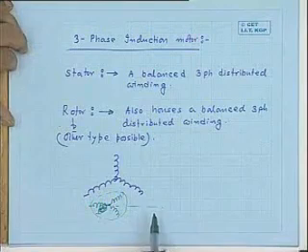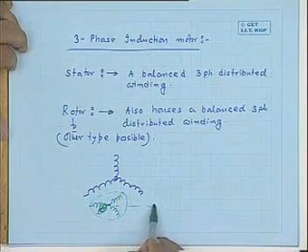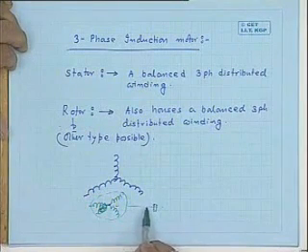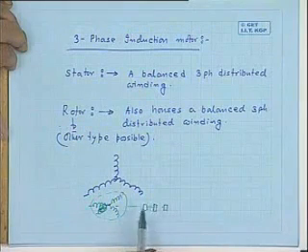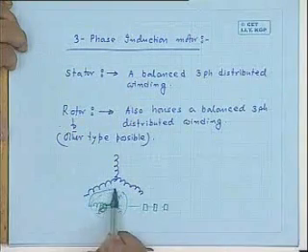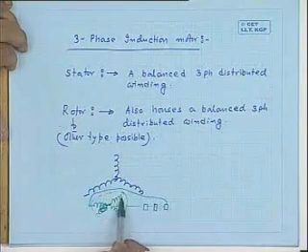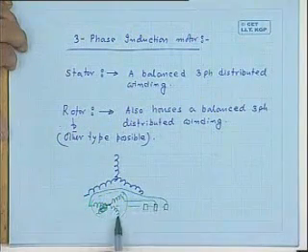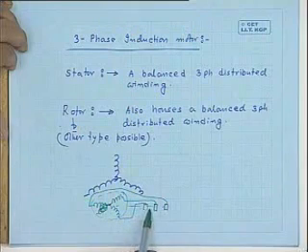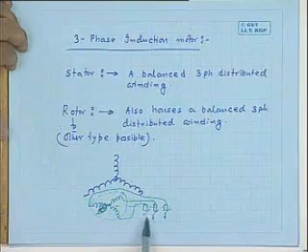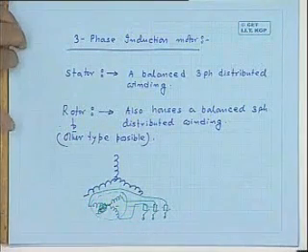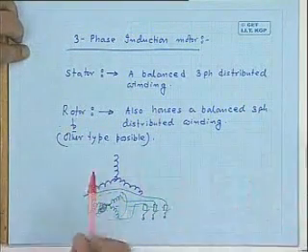And of course, rotor terminals should be accessed through slip rings and brushes. So suppose there are 3 slip rings. One is here, another is there, another is there. And there are 3 fixed brushes.